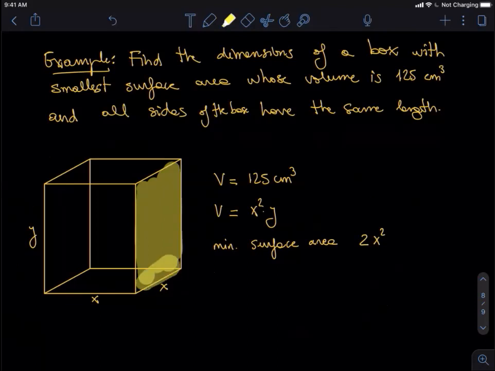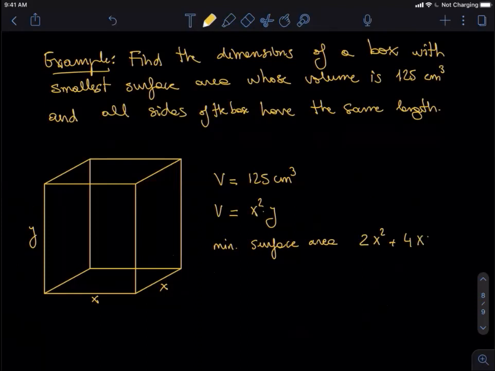All of them have a surface that is x times y, and there are 4 of them, so it's plus 4xy. So we have 2x squared, this is the bottom and top, and the 4xy are the walls or sides. Okay, so we are all set.